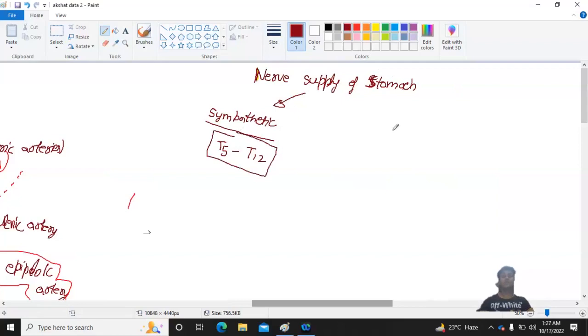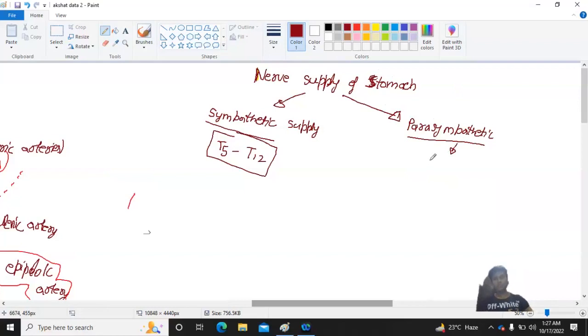T5 to T12 is the sympathetic supply, and parasympathetic is from the vagus, basically the vagus nerve.